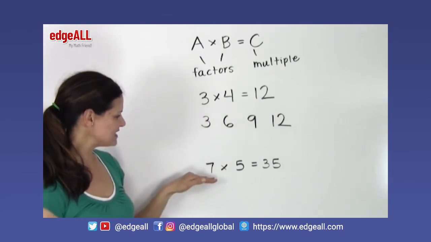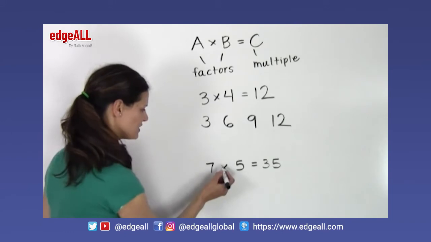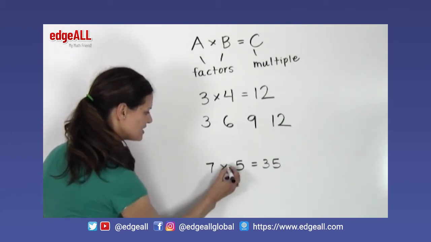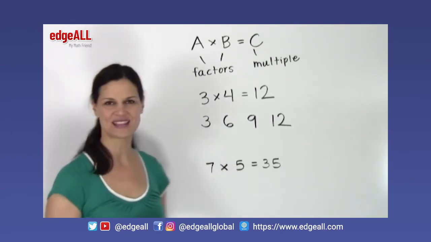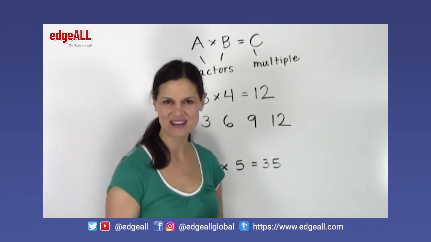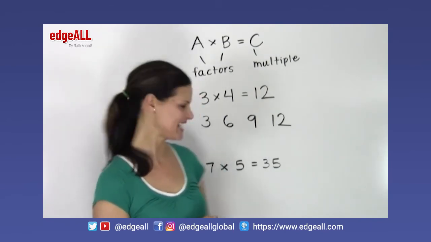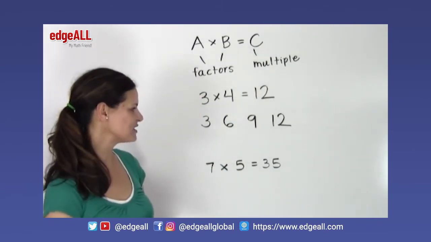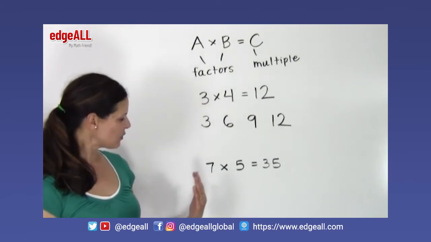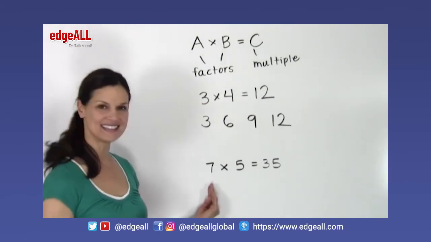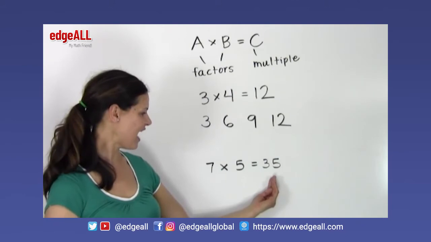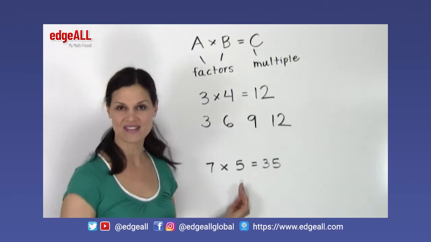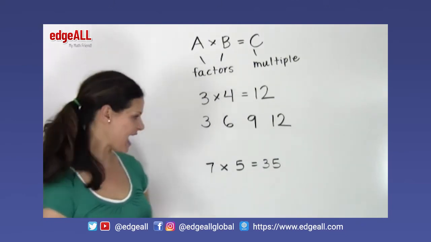Similarly, here we have 7 times 5 equals 35, which, since we have our multiplication tables memorized, we know this one by heart. 7 times 5 equals 35. So we would say that 7 is a factor of 35, and 5 is a factor of 35.